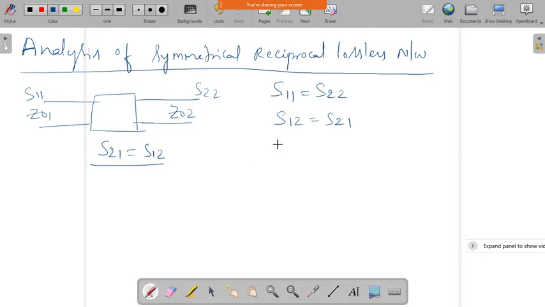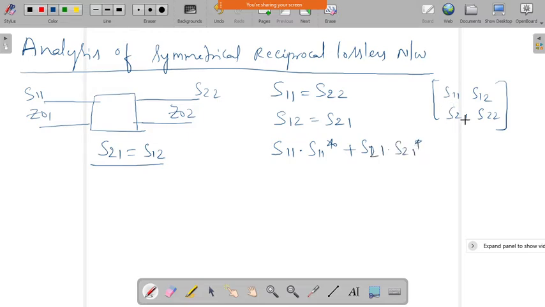So if I have S11, S12, S21 and S22 for a two port network, and I apply the unitary property, we get S11 into S11 complex conjugate plus S21 into S21 complex conjugate.